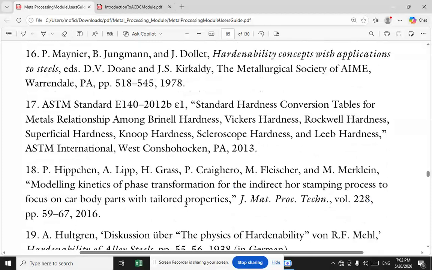The next was written by ASTM Standard, and the name is Standard hardness conversion tables for metals, relationship among Brinell hardness. The next was written by Hitchen, and the name is Modeling kinetics of phase transformation for the indirect hot stamping process to focus on car body parts with tailored properties.